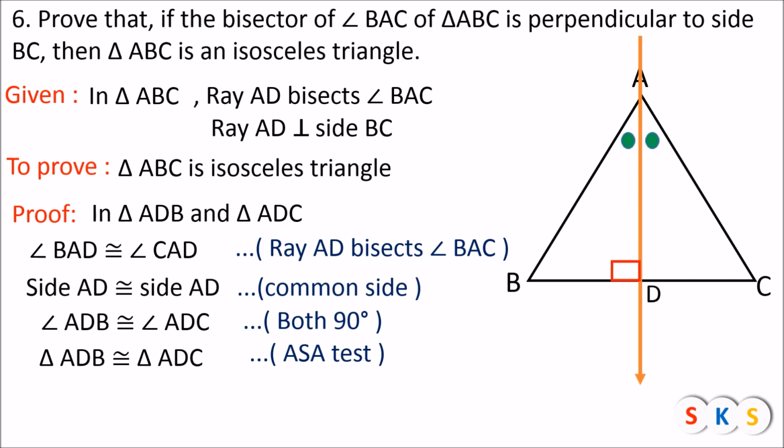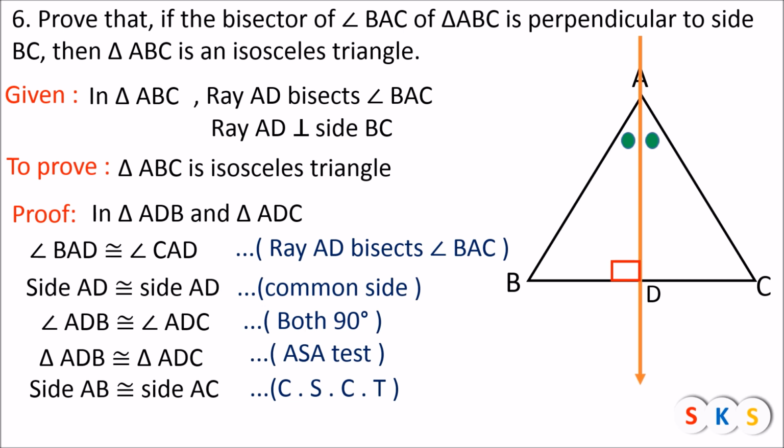And we know that if two triangles are congruent, then their remaining parts will also be congruent. Remaining parts means remaining sides and remaining angles. So we take side AB of triangle ADB congruent to side AC of triangle ADC because of CSCT, corresponding sides of congruent triangles.